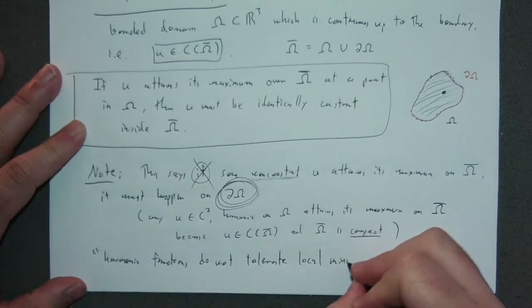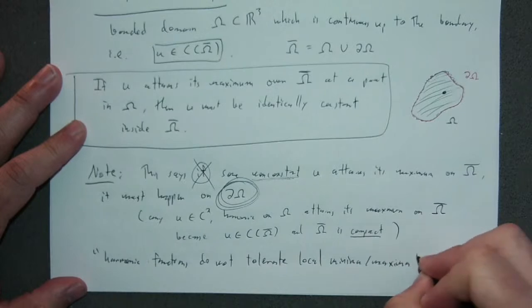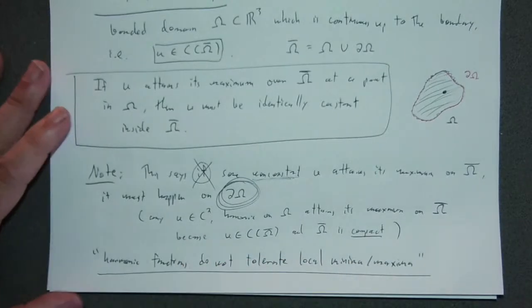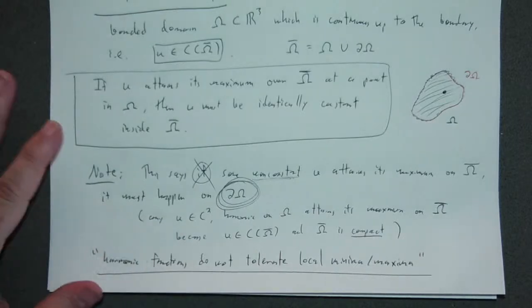Local minima, maxima. They just don't. So the maximum value of u must happen on the boundary.